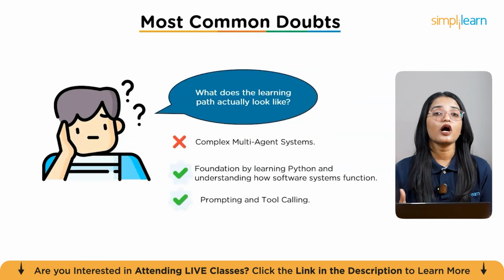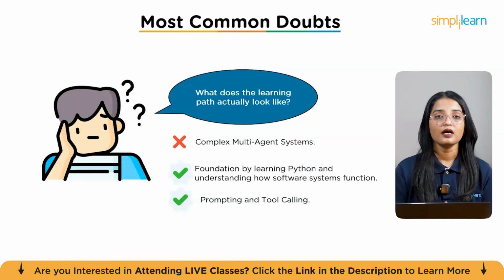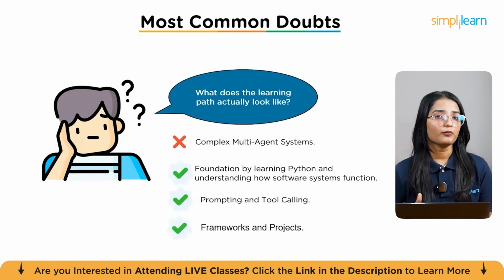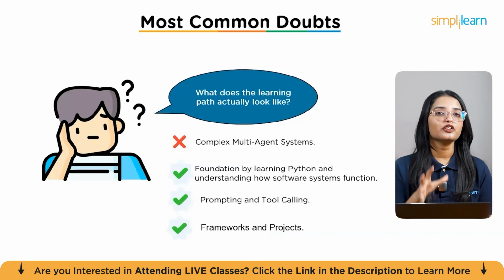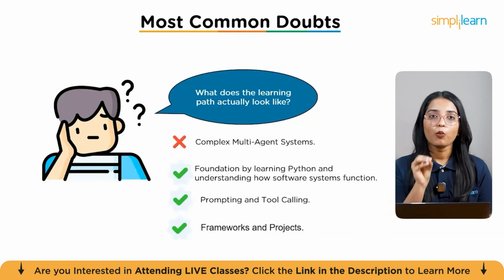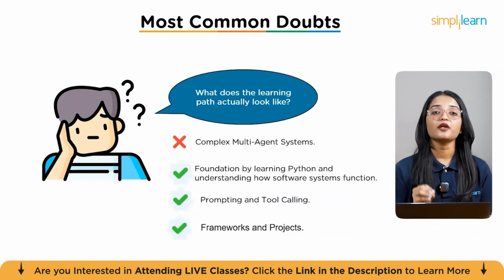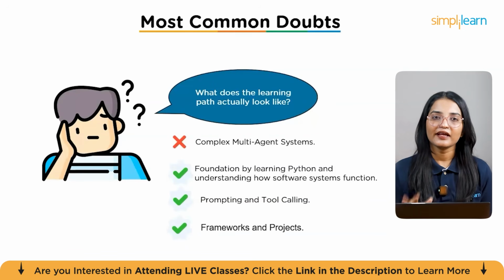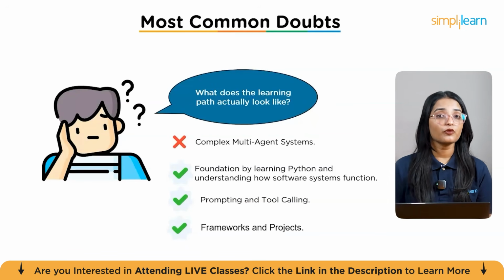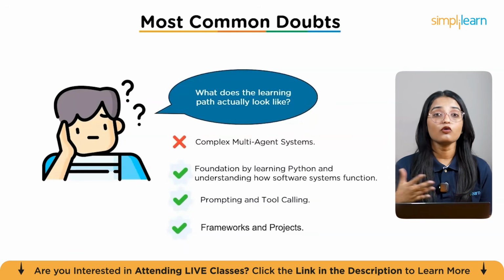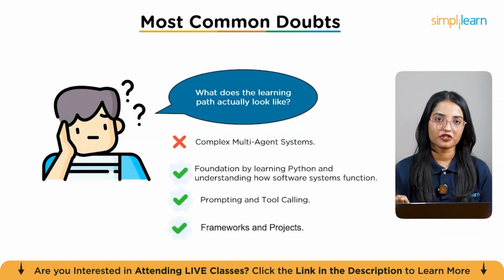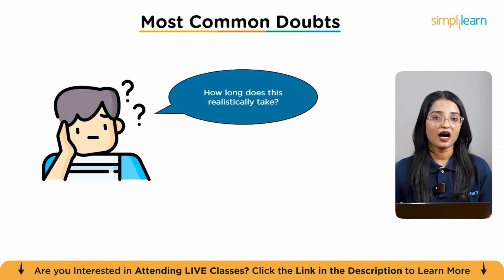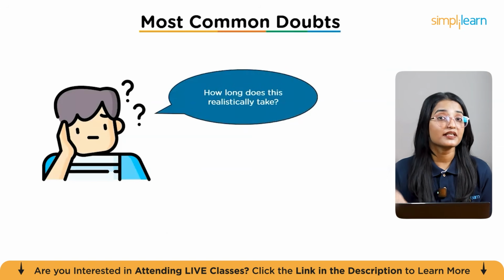Next, you explore how large language models behave and how they generate responses. After that, you dive into prompting and tool calling, and then you learn agent frameworks. Once you are comfortable, you start building projects. And finally, you deploy them like real-world products. The journey is not overwhelming, it is very structured. Now, the third question people ask is, how long does it realistically take?